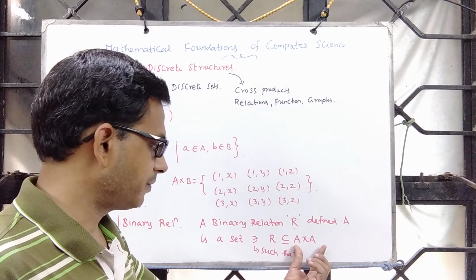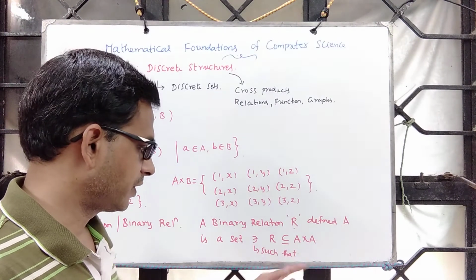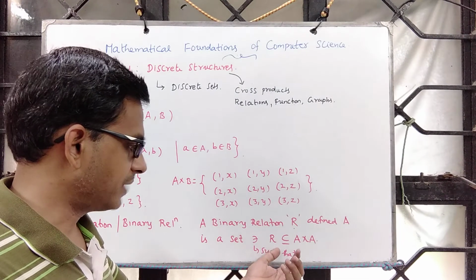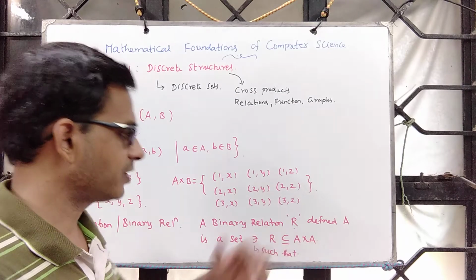It's coming from this set. So it's basically a subset. A subset is also a set. It is some subset in A cross A.